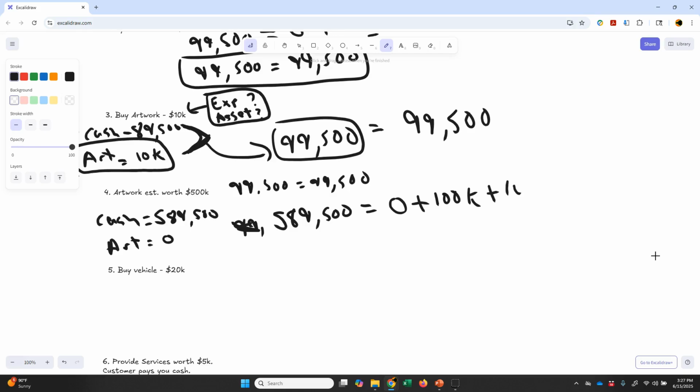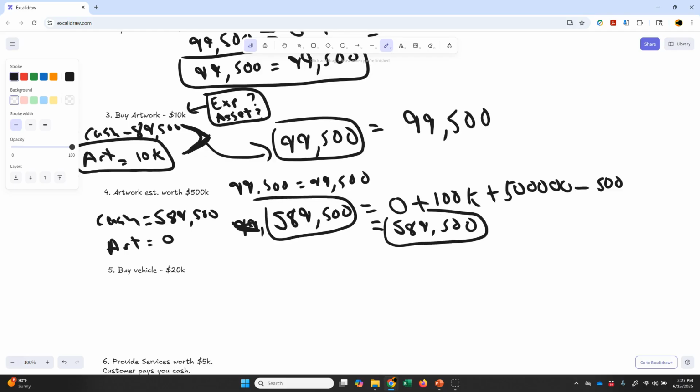So we can have 500,000 of revenue minus $500 from that utility expense. And you can see here that this balance is also 589,500. Okay, so hopefully you're now becoming convinced that throughout the process, every transaction, we're gonna maintain this balance between the left-hand side and the right-hand side.